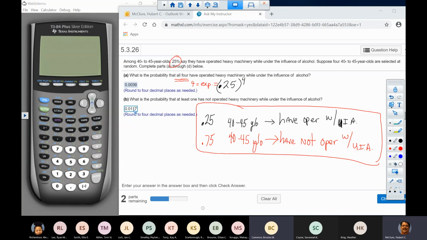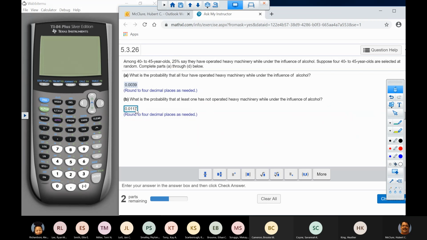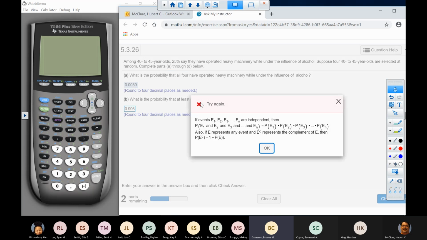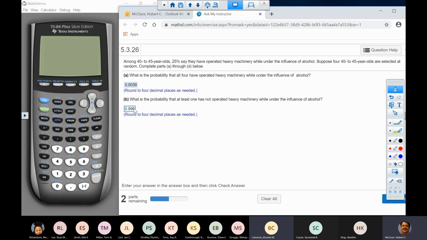Okay. Now, subtract 0.0039 from 1. What do you get? 0.9961. Okay, well, let me put the 1 in there.